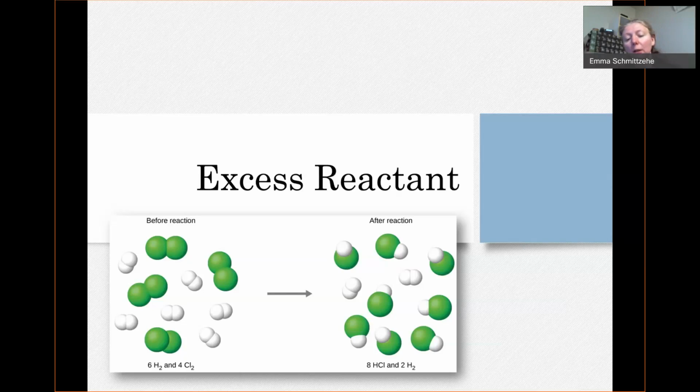You would end up getting, what, 8 HCl's from those 6 H2s and 4 Cl2s, but you would still have 2 remaining H2 molecules, okay? And so that's the excess reactant, the H2, meaning the Cl2 in this case is the limiting reactant, okay?